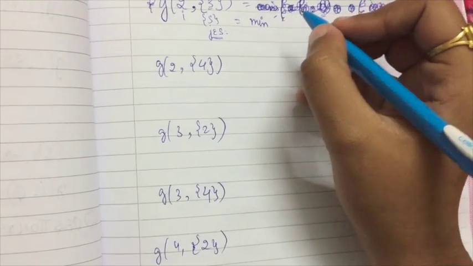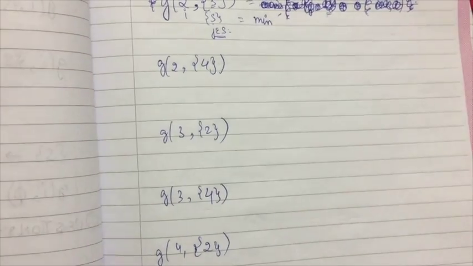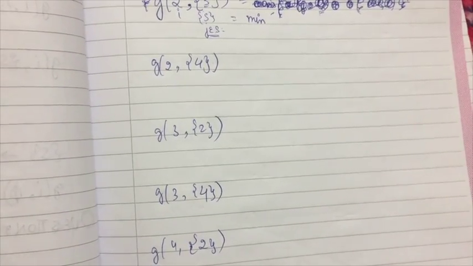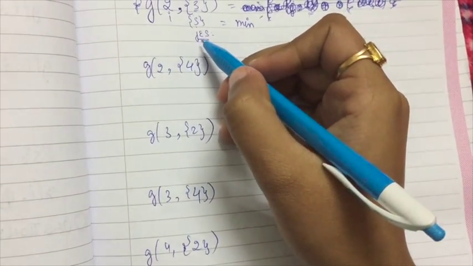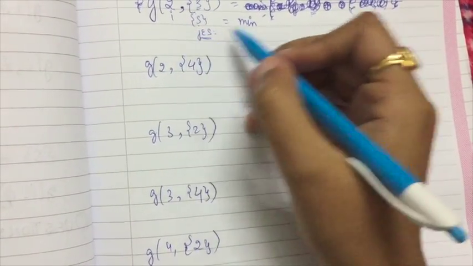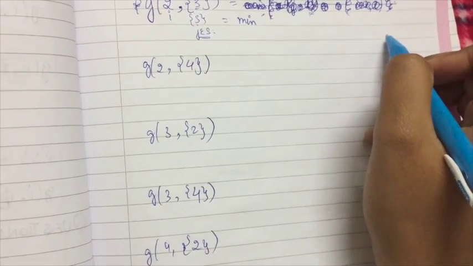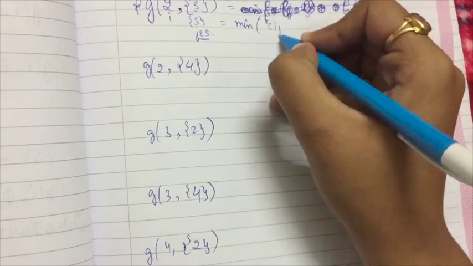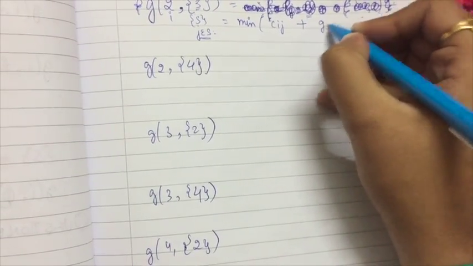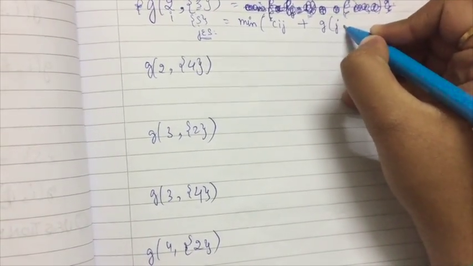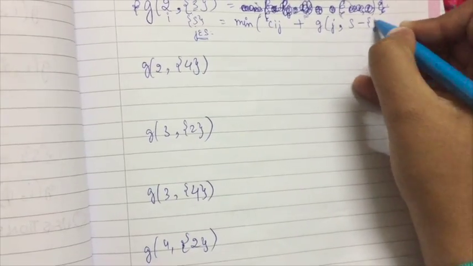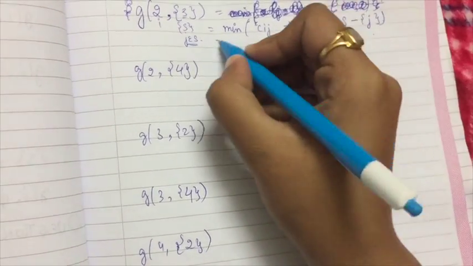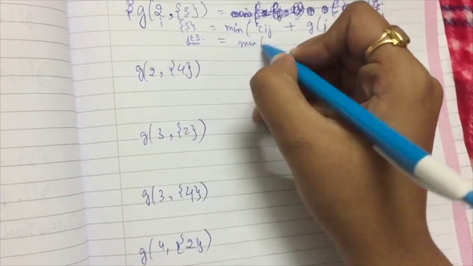You have to see this part very, very carefully, because if you get confused now, you will not be able to solve the entire problem. See very carefully the values of I, J and the values that we will write further on. So as per the formula, it is the minimum of cost of I comma J plus g of J comma S minus J.